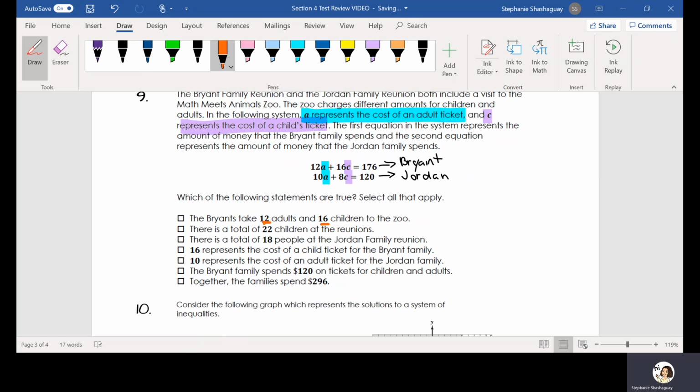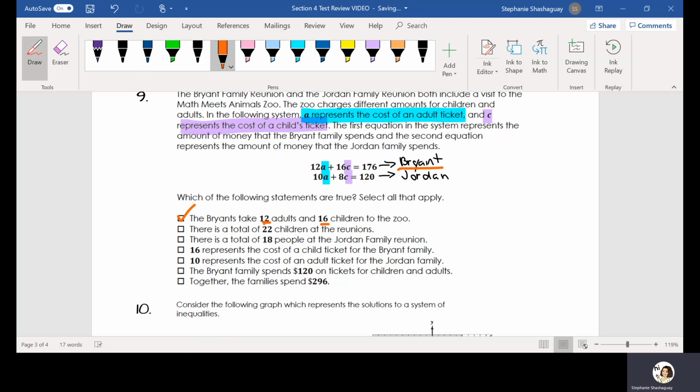Okay, so they're saying the Bryant family here took 12 adults and 16 children. Well, did they take 12 adults and 16 children, or did it cost $12 per adult and $16 per child? Because it says the zoo charges different amounts for children and adults. A represents the cost of an adult ticket, and C represents the cost of a child's ticket. So is that the correct answer? Does the Bryant family take 12 adults and 16 children to the zoo? Yes, they do.